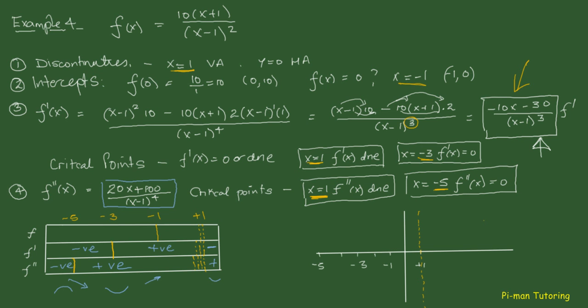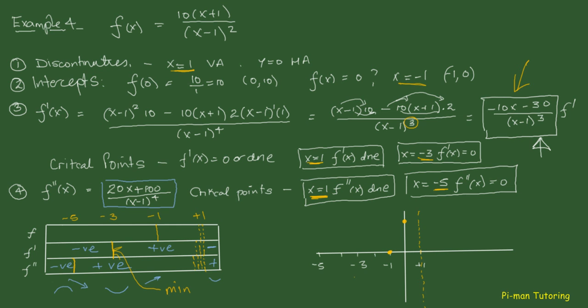The next piece of information we have is that we have an intercept at negative 1, 0, and another intercept at 0, 10. At negative 3, we have the slope going from negative to positive, and so this point meets the description of a minimum.